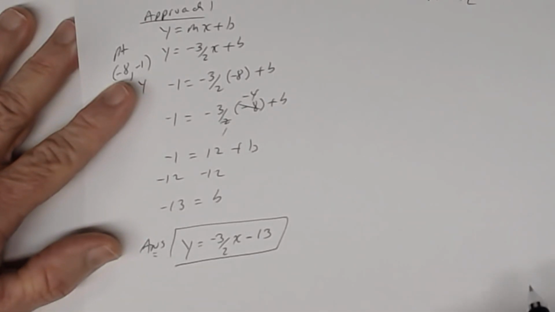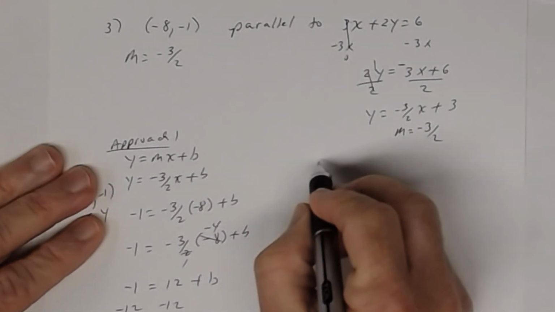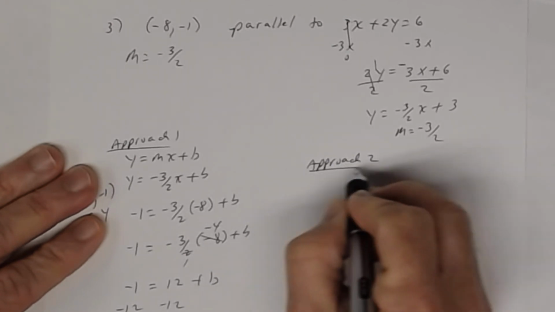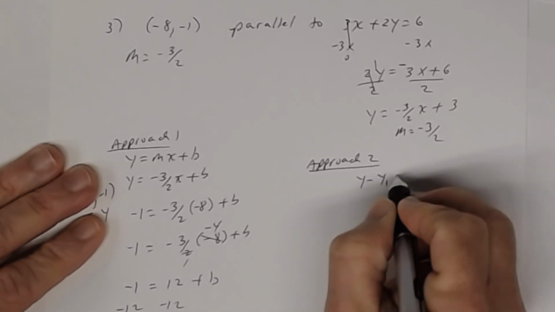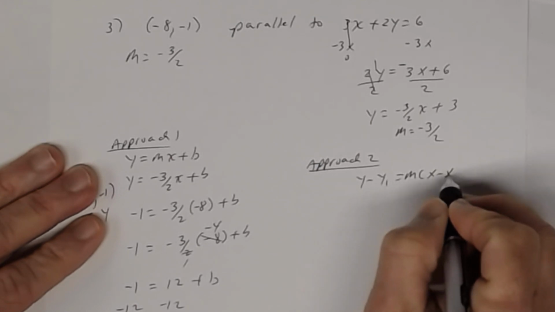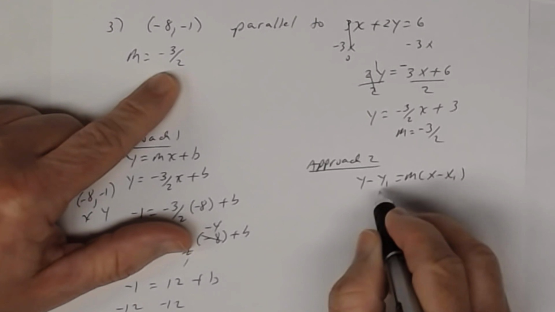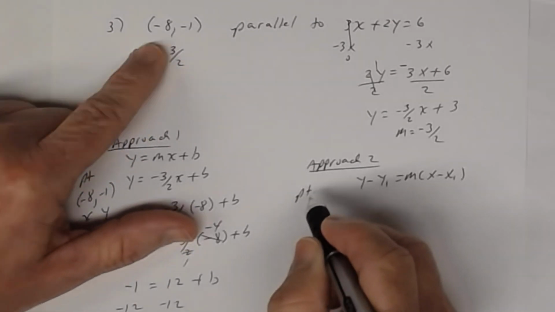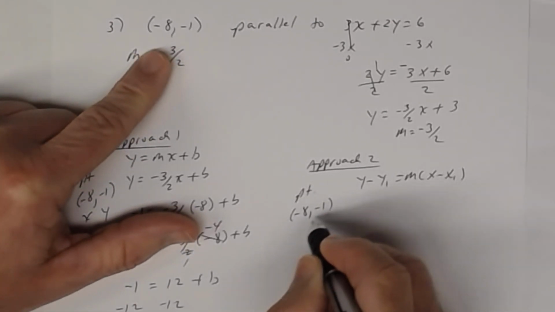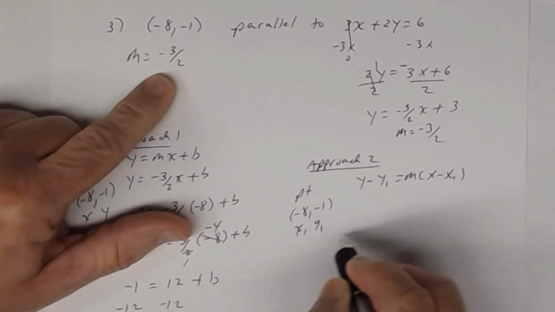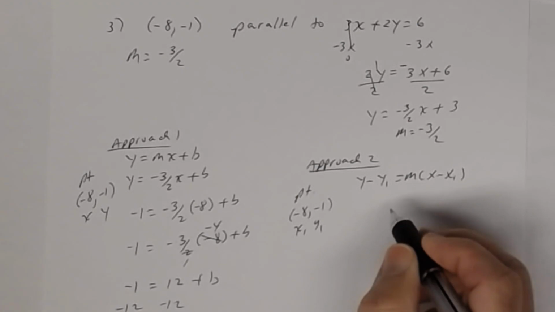And there's your answer. All right, so approach number 2 is to use point-slope form, and we'll still get the same answer. So y minus y1 equals the slope times x minus x1, right? The slope of this line is negative 3 halves, and then a point on that line is negative 8, negative 1. So there's your x1, there's your y1. We're going to substitute this information into the point-slope form.